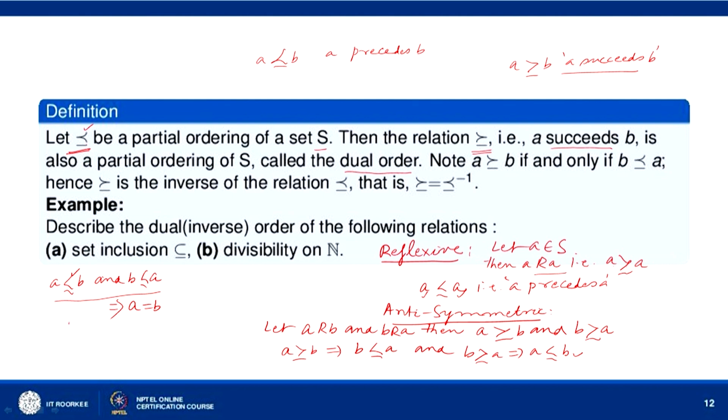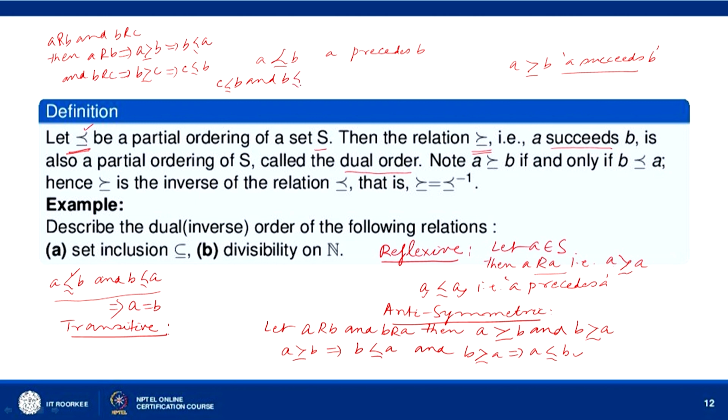Now, the third one, transitive. So, let us say A is related to B and B is related to C. Then A related to B implies A succeeds B, and B related to C implies B succeeds C. Now, A succeeds B means B precedes A, and B succeeds C means C precedes B. So, C precedes B and B precedes A, and this is a partial ordering of the set S. Therefore, this partial ordering is transitive.